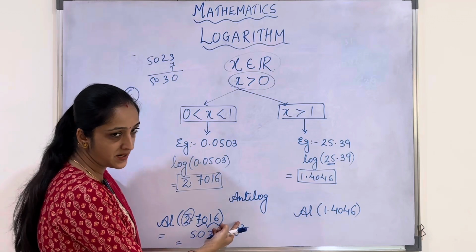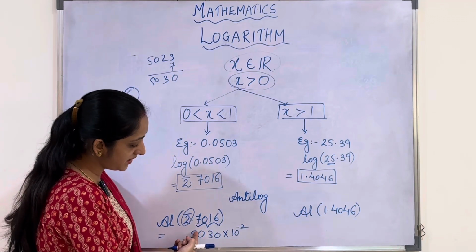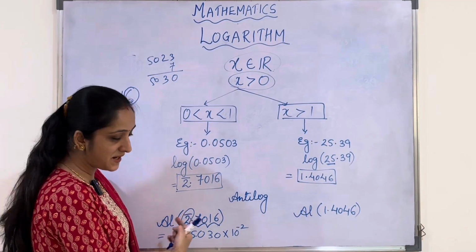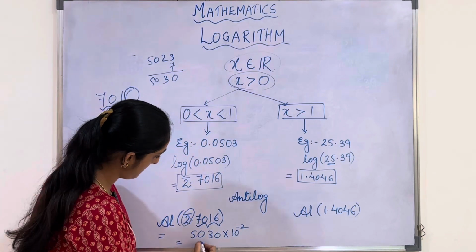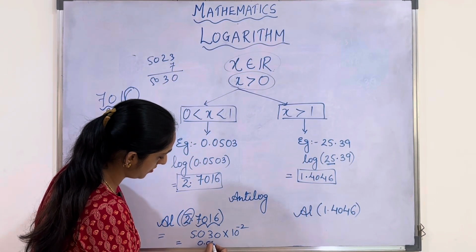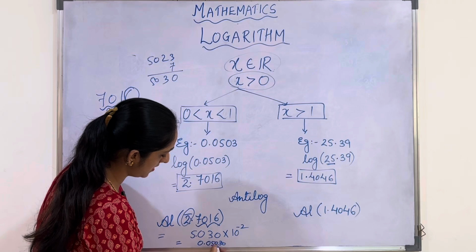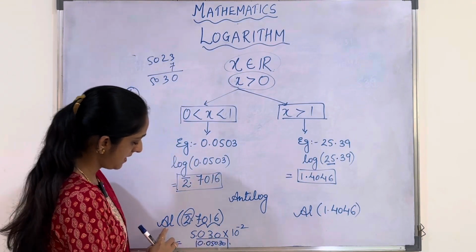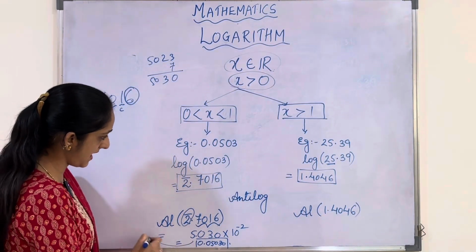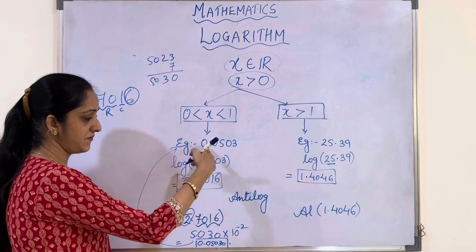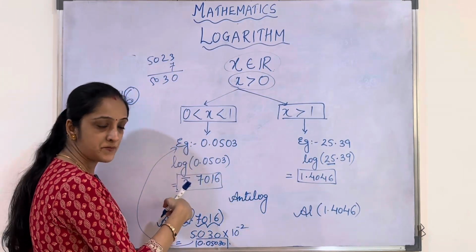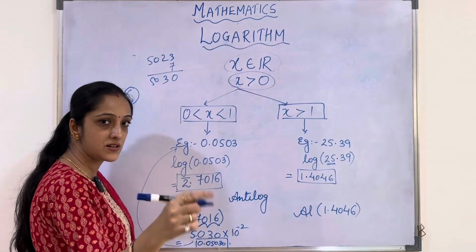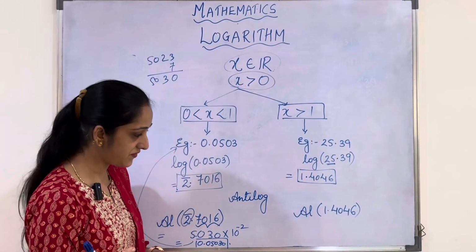Now here it is minus 2, so it will be shifted two places to the left. So this number will become 0.05030. So see how this anti-log of this number is the same as the number for which we found log. This is how log and anti-log are just inverse processes of each other.